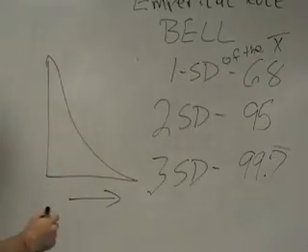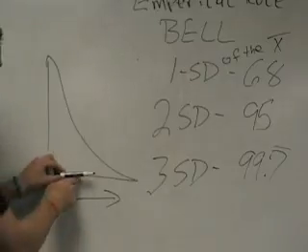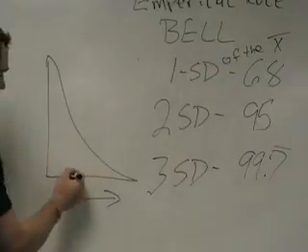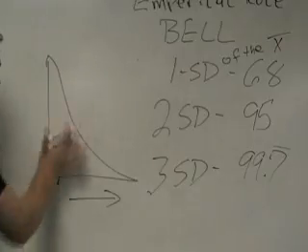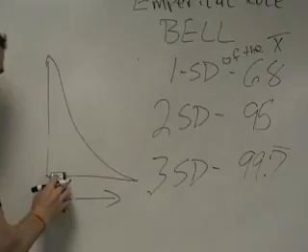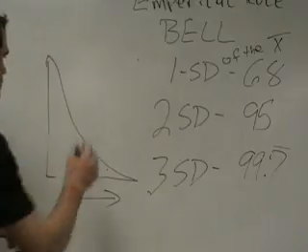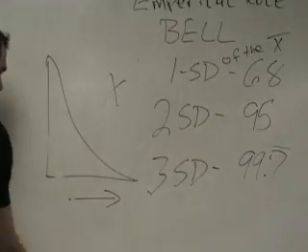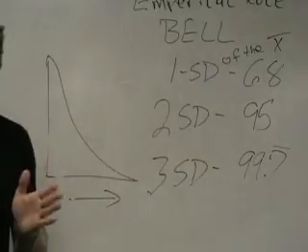Now, if it's skewed to the right, where will it balance? Well, you realize that the majority of the observations are here. Let me think about where it will balance.